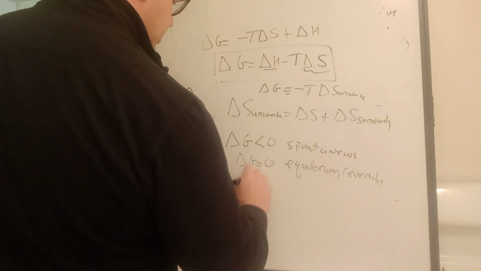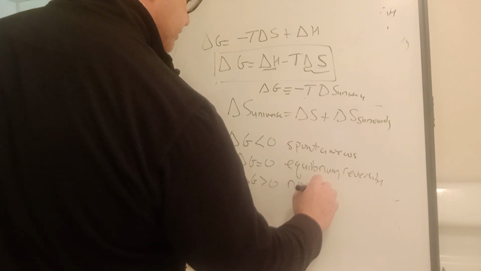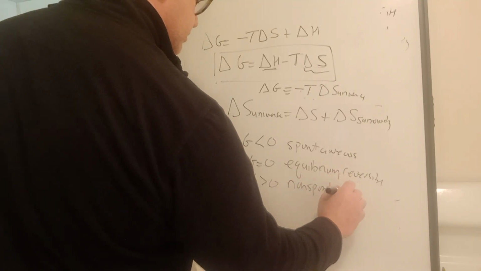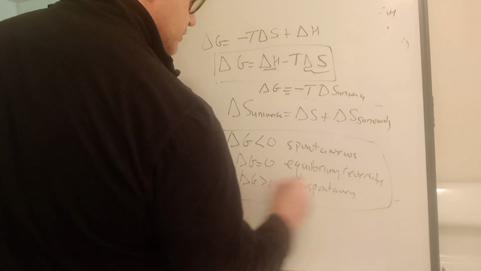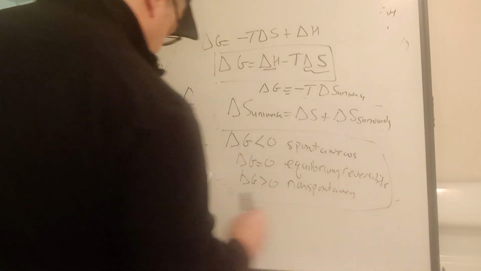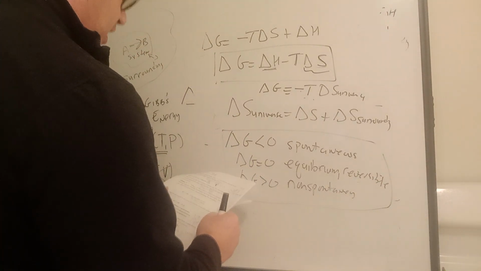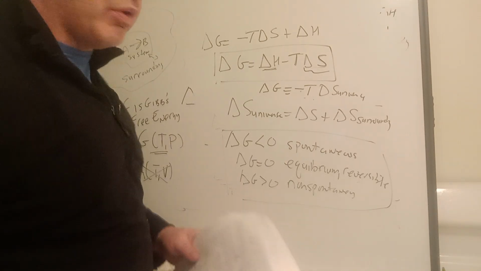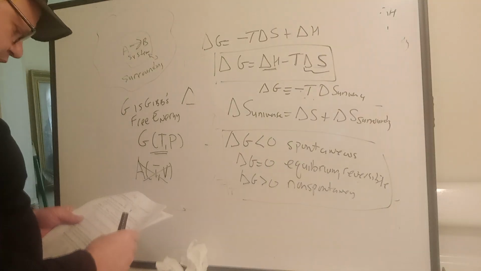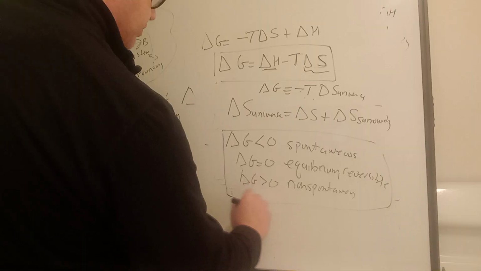And delta G greater than 0, just like before, is non-spontaneous. So the sign conventions are opposite, and this would be summarized on the bottom third of page 8. So that's actually a really powerful rule set.